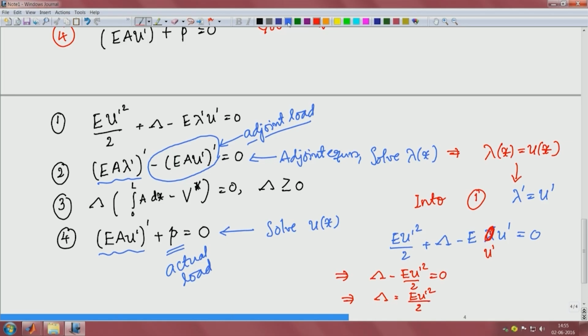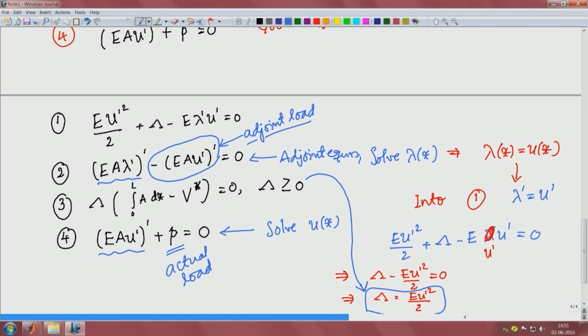And this is an interesting result for us, because we can actually compare this with what we have about lambda. Look at that, we had said lambda should be greater than or equal to 0. That is exactly what we got, because E, which is Young's modulus, is most often not negative. For most materials that we use in general, E will have a positive value.